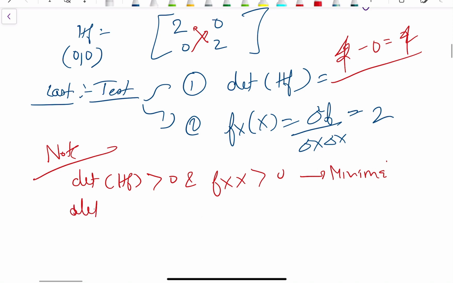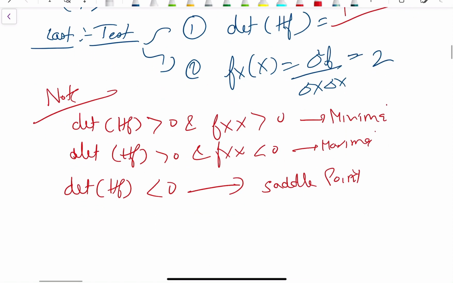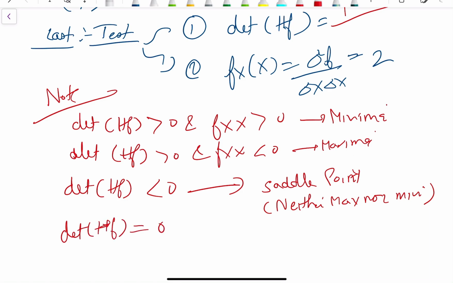If the determinant of Hessian is greater than 0 and fx of x is less than 0, this is maxima. If the determinant of Hessian is less than 0, then this is directly a saddle point, which is neither max nor min. And if the determinant of Hessian is equal to 0, the test fails.